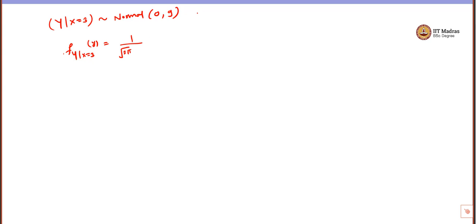Since sigma square equals 9, sigma is equal to 3. So 1 upon root 2 pi into 3 into e to the power minus, in the numerator, y minus 0 whole square divided by 2 into sigma square, which is 9. Okay, so this is the distribution, or we can write again here 1 upon 3 root 2 pi into e to the power minus y square by 18.